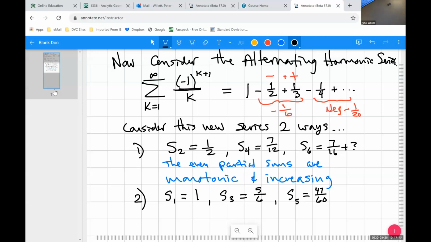So basically what we can see is that if I look at these values, I have a monotonically decreasing sequence. So the odd partial sums form a monotonic decreasing sequence.